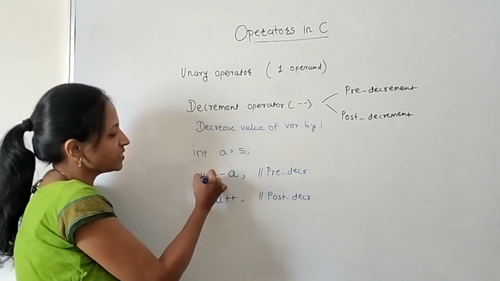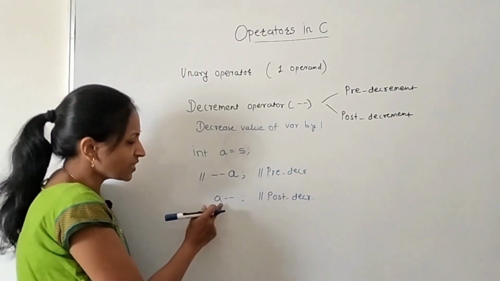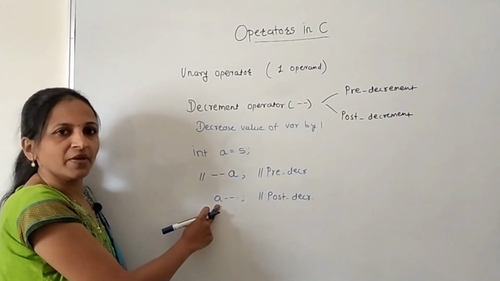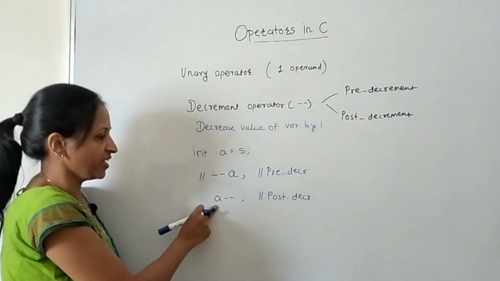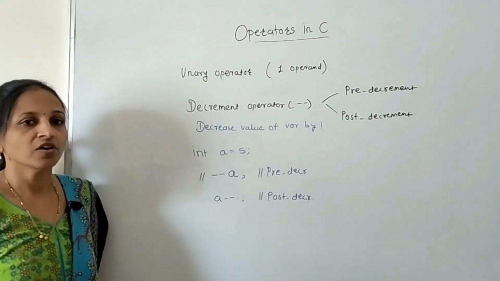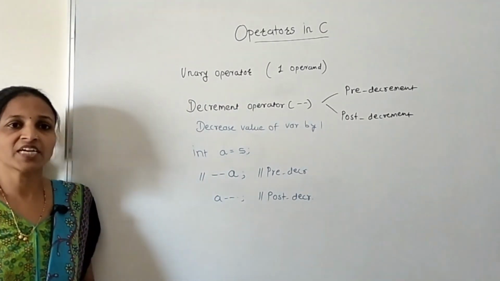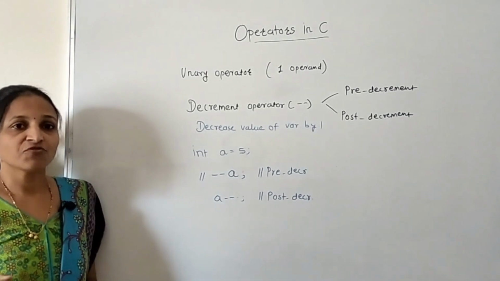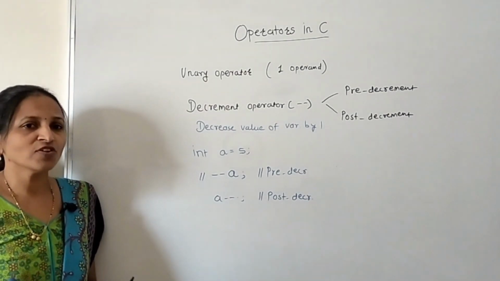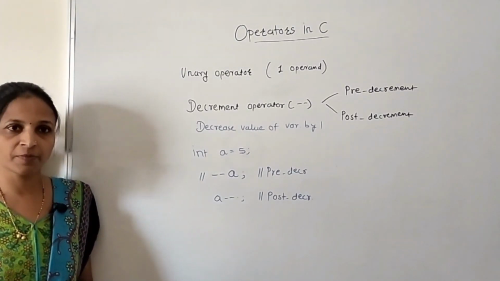Suppose instead of this I am writing a minus minus, then again this one is a post-decrement, and again here the value of a will become 4 in this case also. Now if we are using this decrement operator inside any expression, then the difference will act. Okay, then you will see the difference between pre and post decrement.